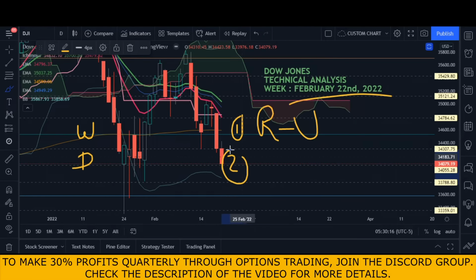Number two, if you are trading options with 1 or 2 years of expiry, or if you have bought shares of any company, you need not worry about your losses, because this mayhem, particularly because of Russia and Ukraine, will be over within a month or within a quarter.